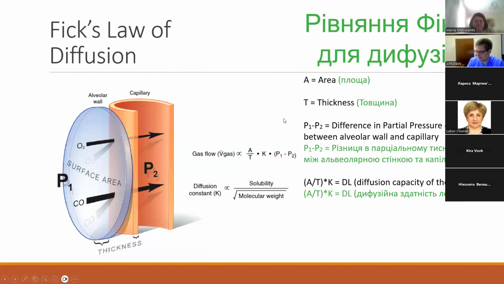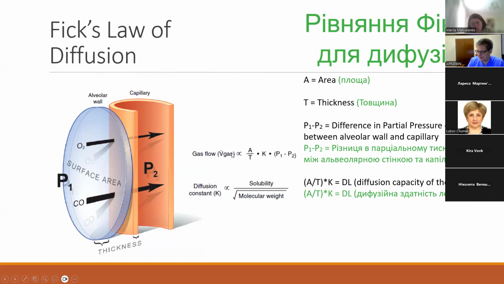So in equation format, Fick's law is displayed like this. The flow of gas, which is V dot gas, is proportional to the area, the surface area that's in contact.